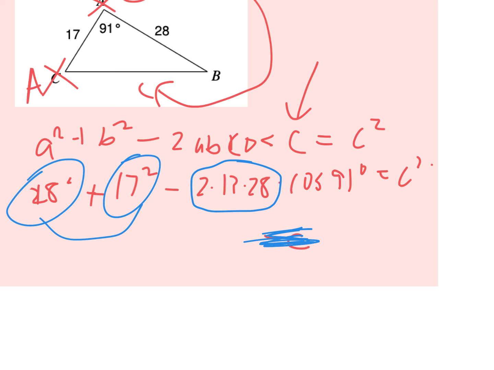Okay, so I'm just going to do this real quick. 28 squared plus 17 squared is 1073. To see where, if you did make a mistake, see where it was. Minus 2 times 17 times 28 times cosine of 91.